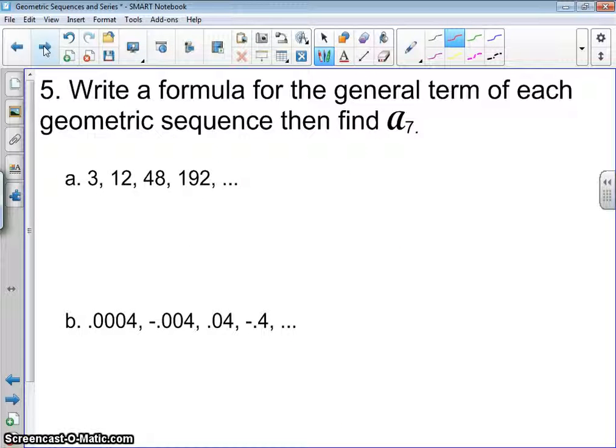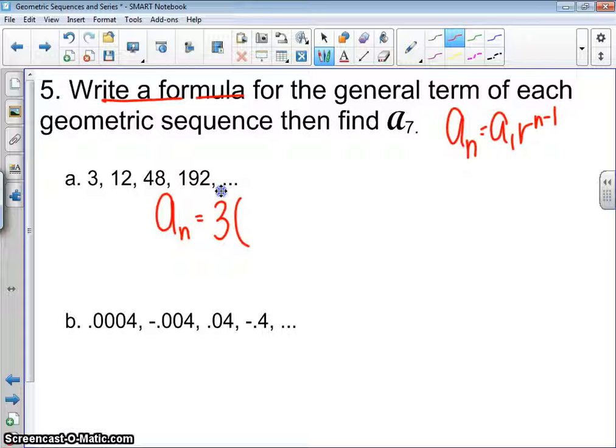Alright, now we want to write a formula for the general term of each of these geometric sequences and then find A7. So this is basically asking us to find an explicit formula. And the easiest way to do this is to go back and use this. So AN equals A1 R to the N minus 1. And so then I'm going to use this to write a formula. So I'm not going to plug anything in for N at first, but I can find A1 and R by just looking at my sequence. I know A1 is 3.